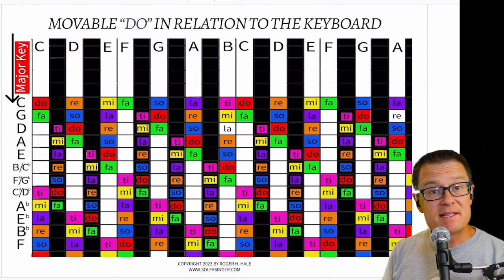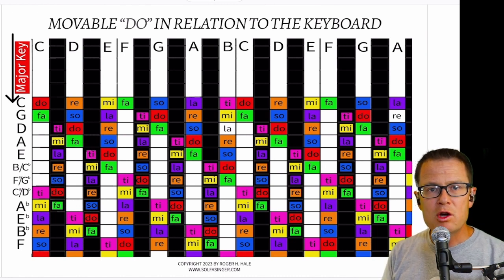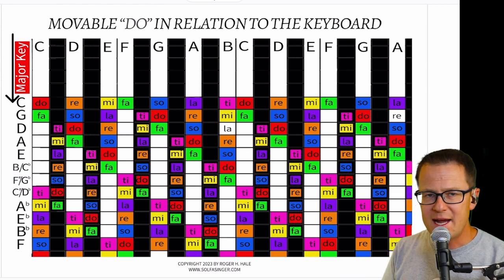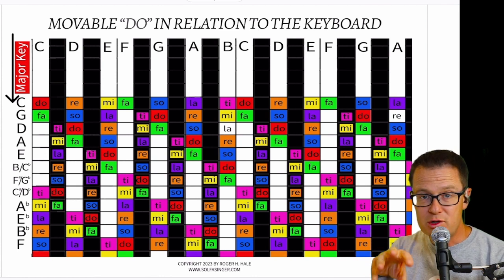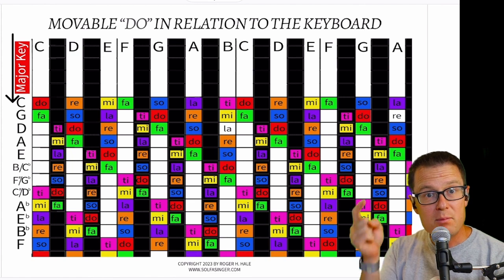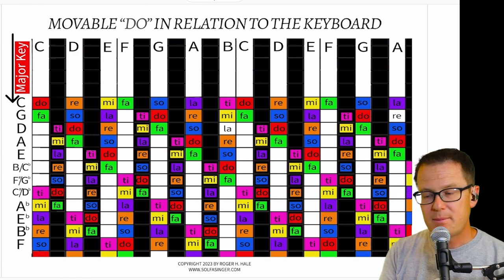Let's say you wanted to sing in a different mode, like the Dorian mode. Dorian goes from re to re. So you don't have to learn all the sharps and flats in relation to re. All you have to do is find which key you're in by the key signature. So, for example, let's go to C again.